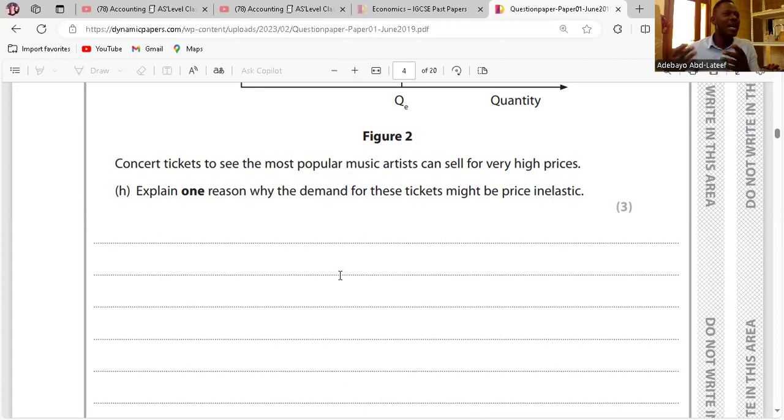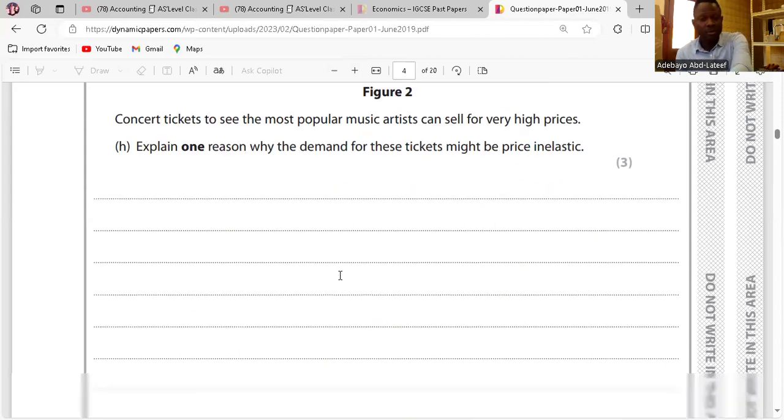There's no other artist available that you could watch at that point in time. So lack of substitutes might result in wanting to see the artist live at the concert. As a result, you won't care about the price. No matter what the amount is, you would want to buy the ticket because it's just a one-time chance. Clear? Go on.